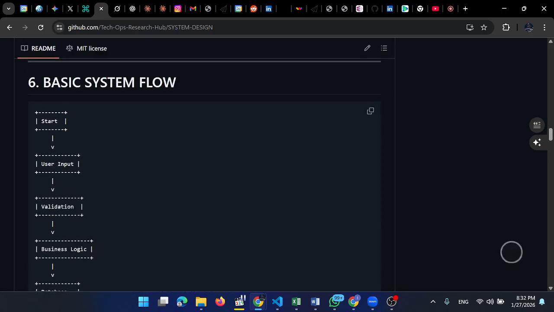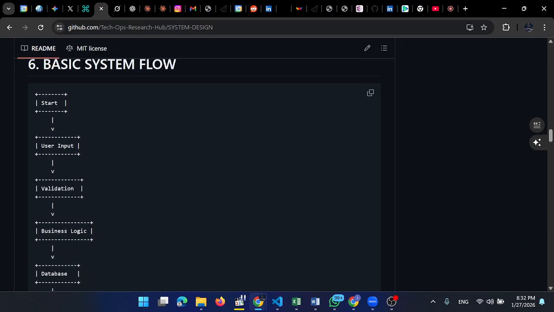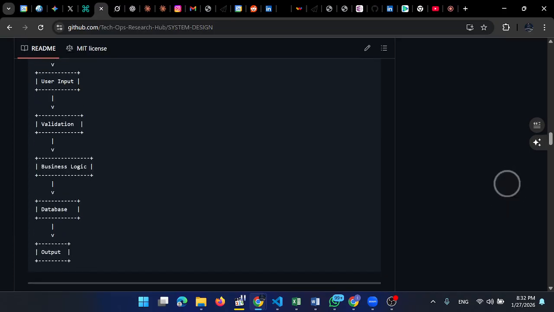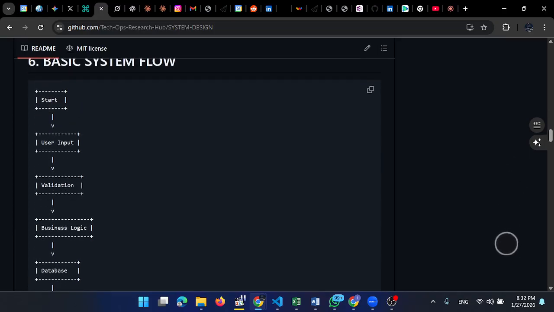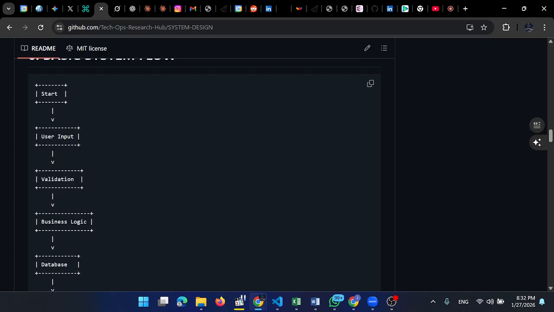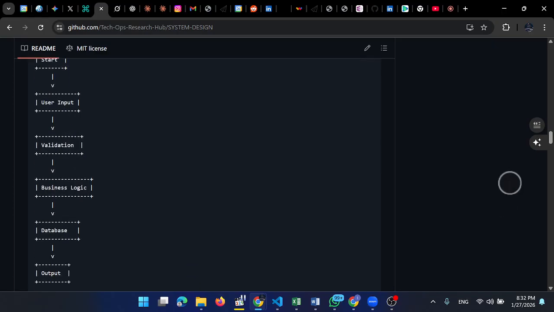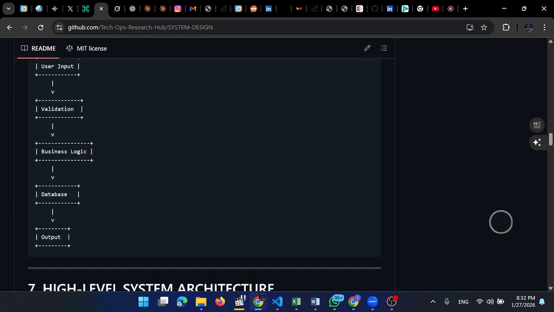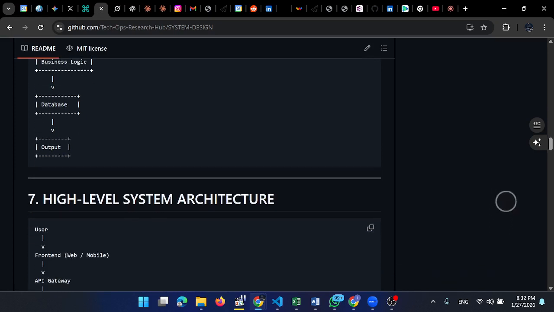So it's a very basic system flow that helps you to understand how data is flowing from the start to the output down here, right? So there's the user input, the validation, the business logic, the database, and then the output.